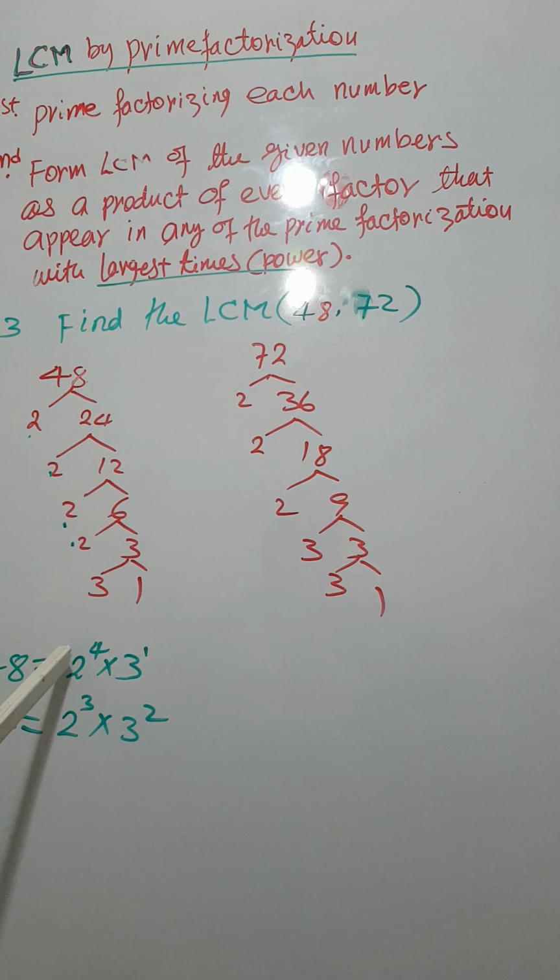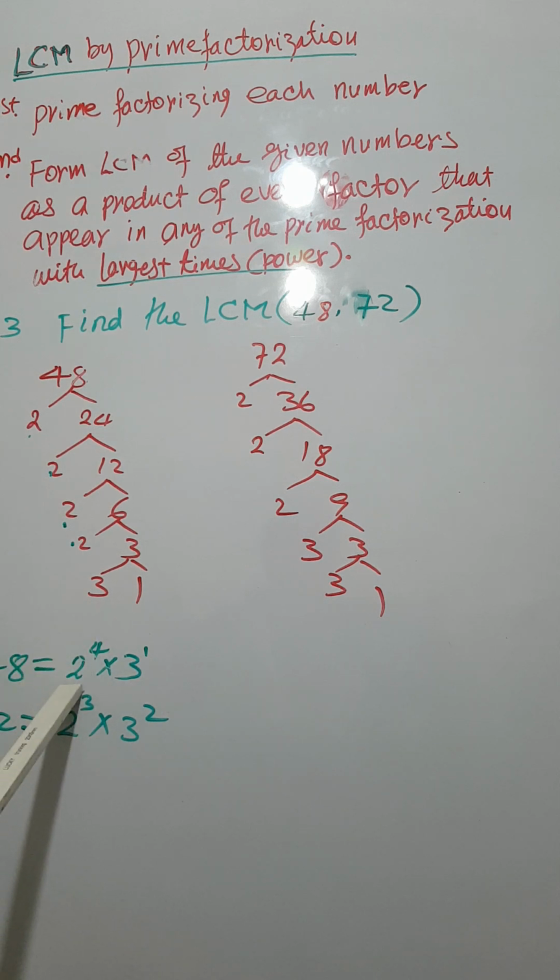Here, the common ones are 2 and 3. 2 appears as 2 to the power of 4 here, and 2 to the power of 3 here, so this is the largest power. So this is taken.